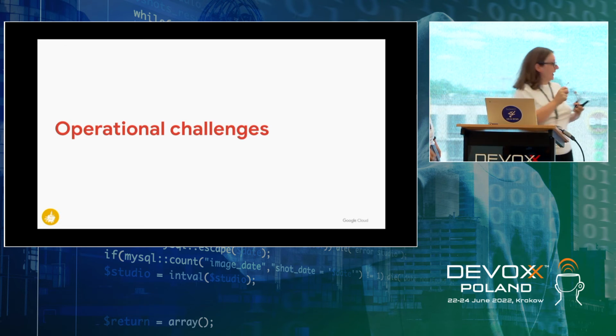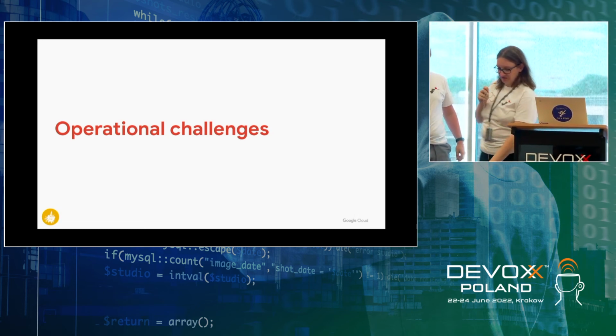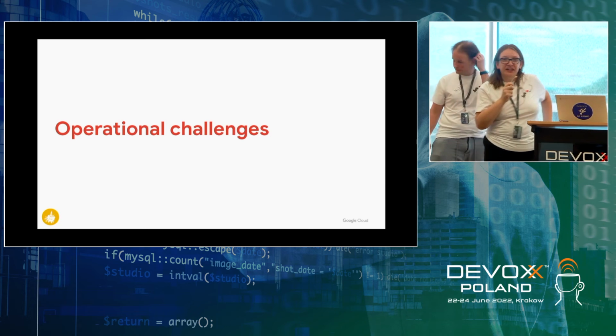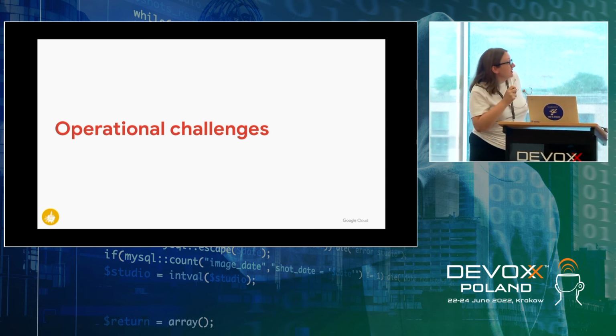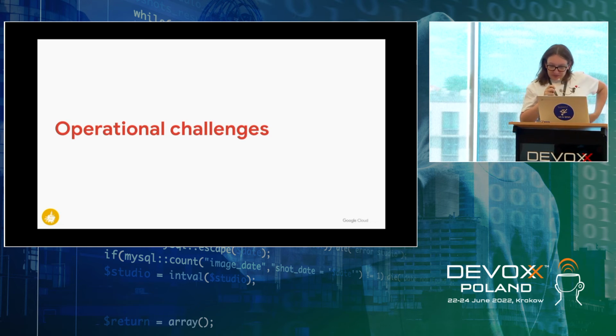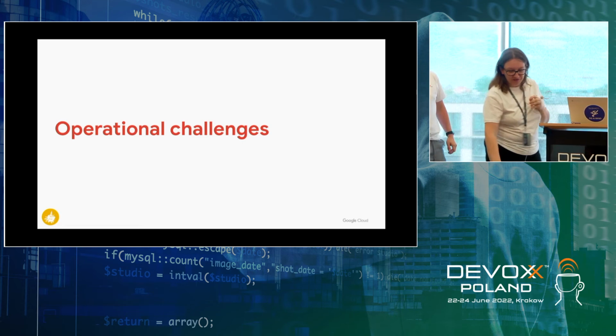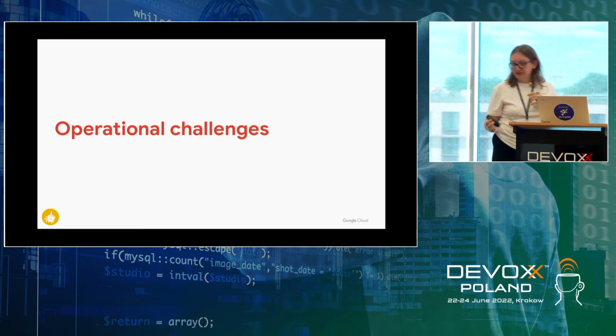OK. So Jacek already talked about some challenges related to autoscaling, about feedback loops, but there are also operational challenges. So basically it's about the fact that you have to think about your service a little bit differently.